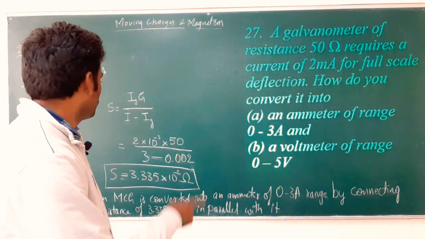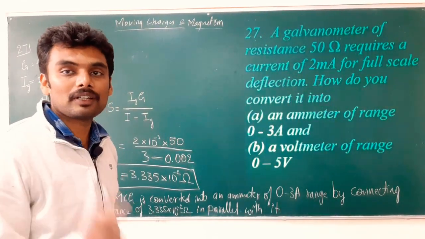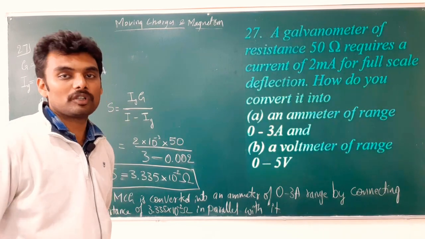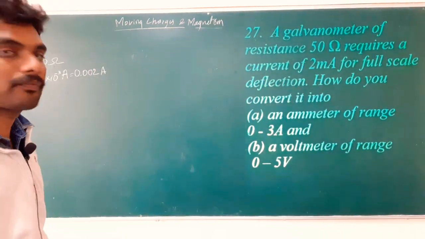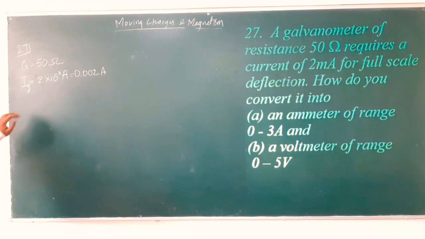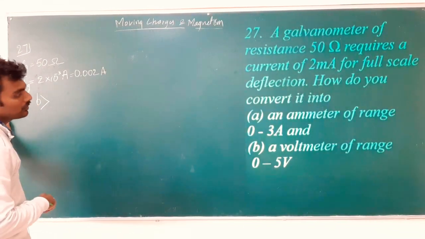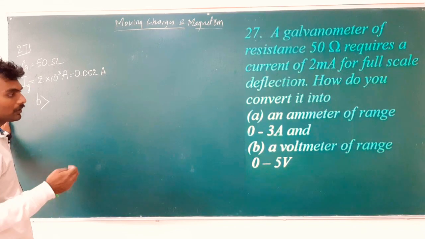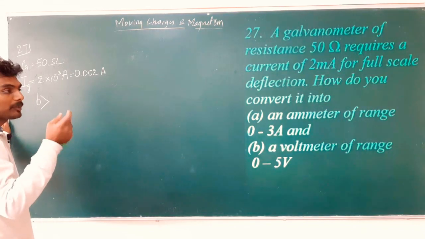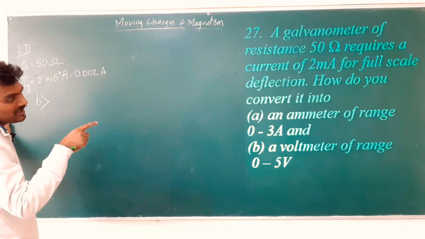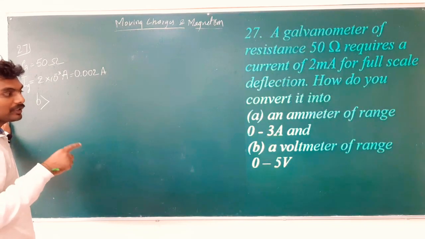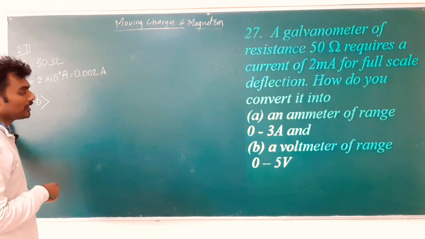Now we shall go for the second part, to convert the given MCG into voltmeter. So now we need to convert the given galvanometer into voltmeter. We all know that a large resistance has to be connected in series with the given moving coil galvanometer to convert it into voltmeter.